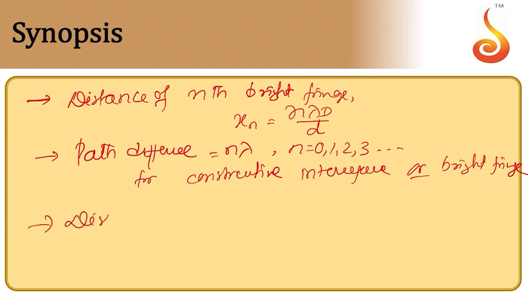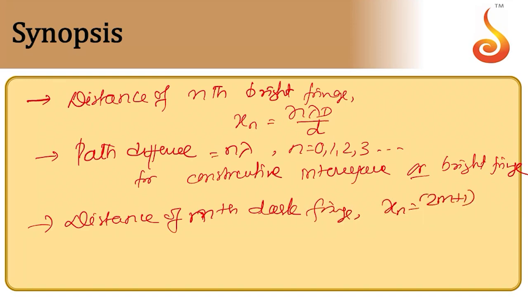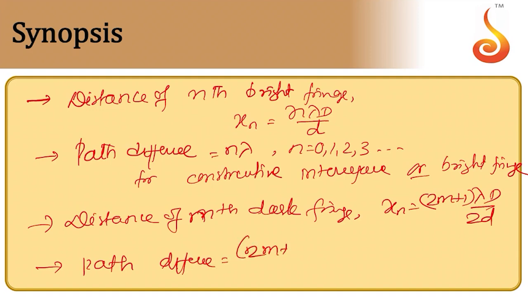Likewise, distance of the mth dark fringe, x_m, is given by (2m plus 1) lambda D divided by 2d, and the condition is path difference is equal to (2m plus 1) lambda by 2.